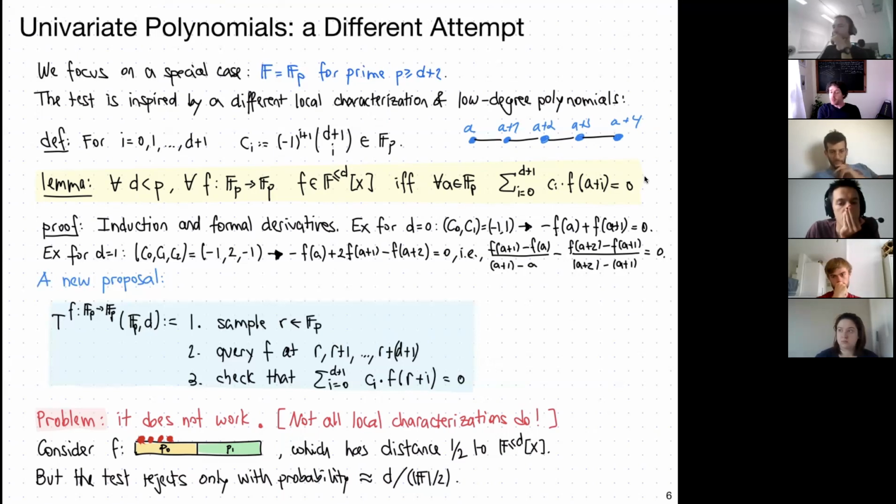By the way, if anyone has a better counterexample, I see something in the chat, I would very much like to hear about it. But definitely this shows us for now that the test cannot work. And I want to say that this is something that happens quite a lot in research, right?